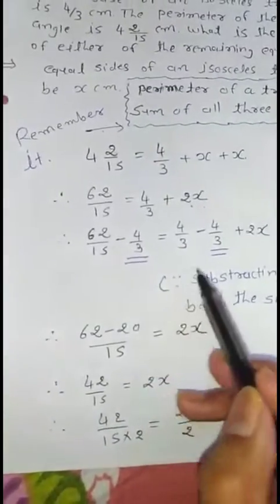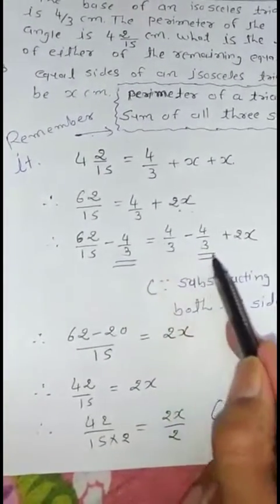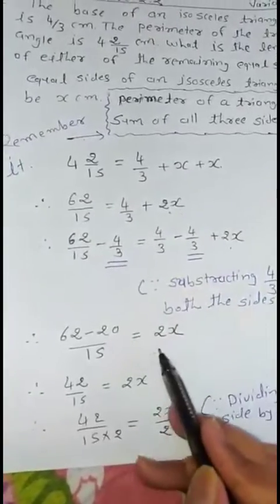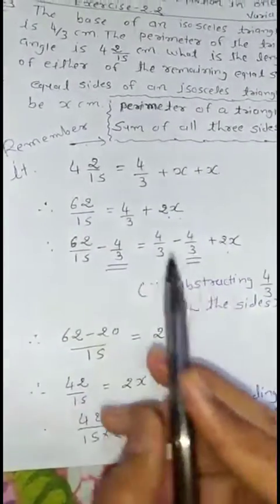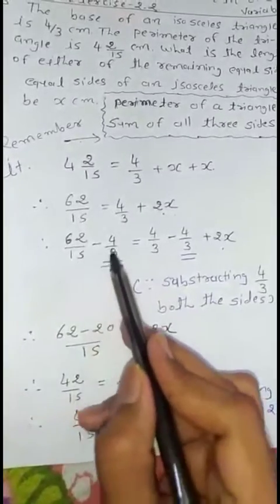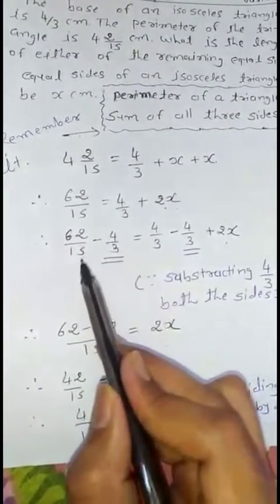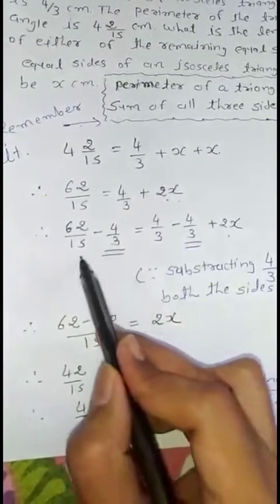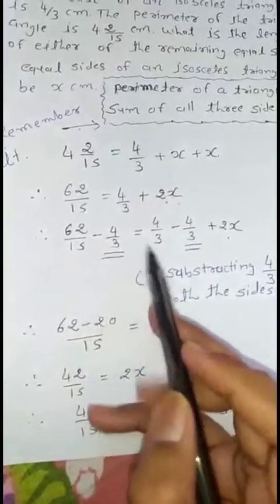So 4 upon 3 minus 4 upon 3 is equal to 0, and 0 plus 2x is equal to 2x. After that I take the LCM. I make the denominators equal.